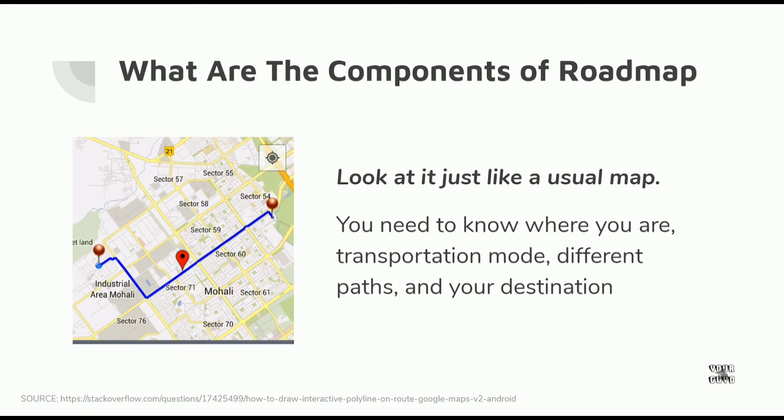Then it will give you a specific estimate or projection of how long it will take for you to complete the ride from this point to your destination. And then in terms of the resources and actions, you get the exact display of the path you're going to take.